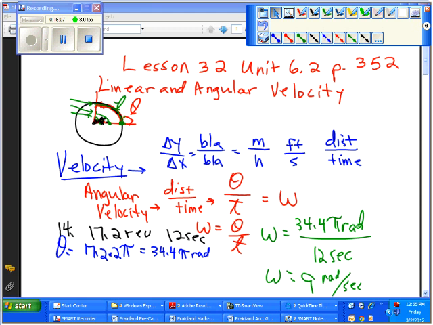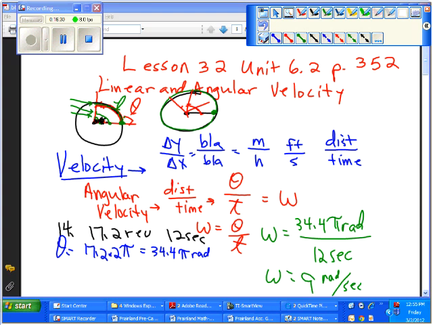Now, what that's telling us is not the speed at which this person on this merry-go-round is going around. That would be linear velocity. It's telling you the speed at which the angle is being created.